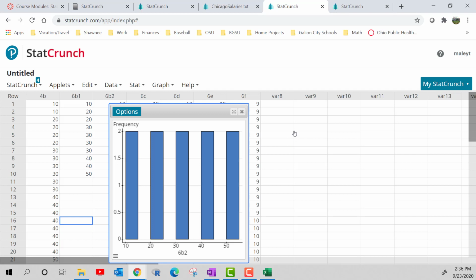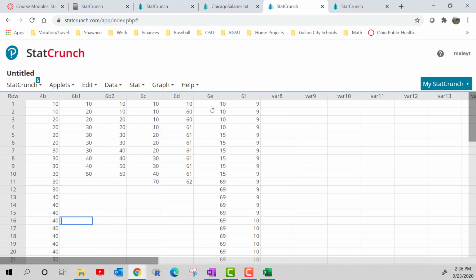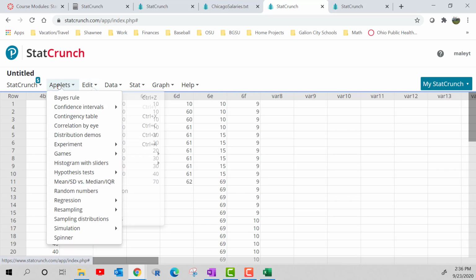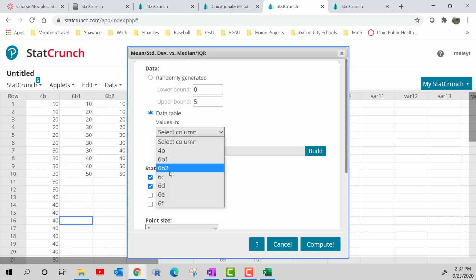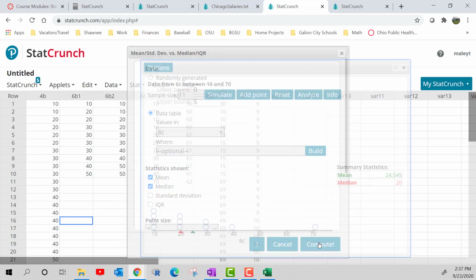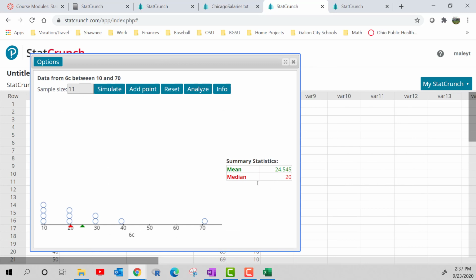So then part C says to create a data set of at least 10 observations such that the mean is greater than the median. What is the shape of the distribution? So that was the 6C data set. If I go to the applet, go to the mean standard deviation, select 6C, and hit compute, you can see that the mean is 24.545, the median is 20, and that's what we wanted.